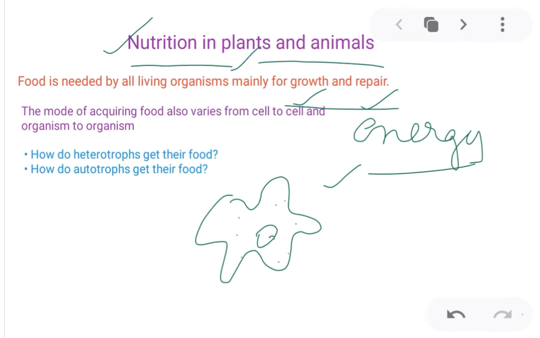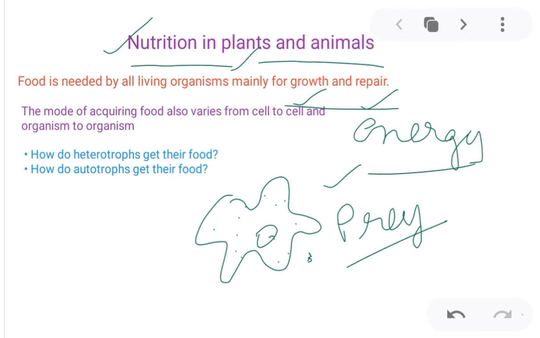This amoeba takes maybe phytoplanktons or zooplanktons, which are very microscopic in nature. So the prey of the amoeba is very minute in shape and size, and they obtain these minute particles as food.